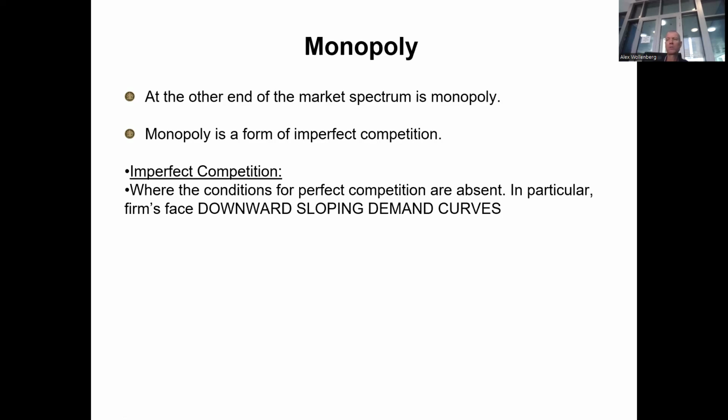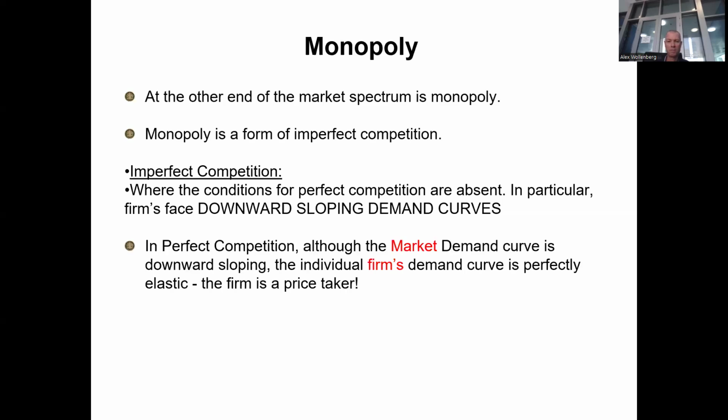The demand curve is no longer perfectly elastic, no longer horizontal, as it was in perfect competition, and also the marginal revenue no longer equals the price. You need to get used to that, and we'll revisit that concept. In perfect competition, although the market demand curve is downward sloping, the individual firm's demand curve was perfectly elastic. So the firm was a price taker.